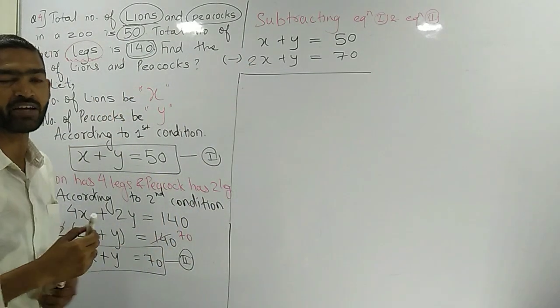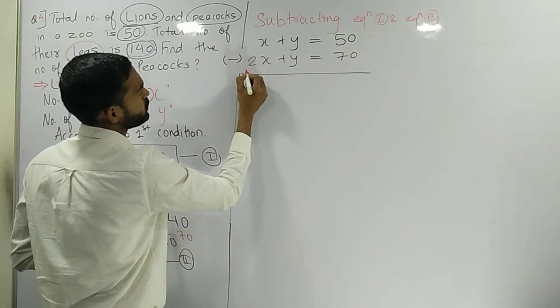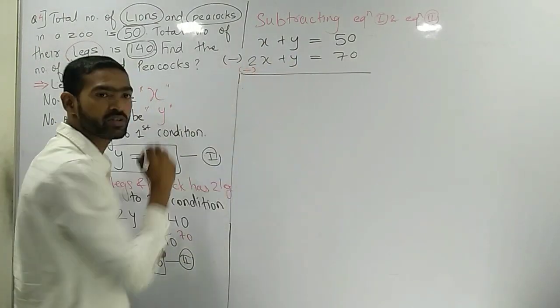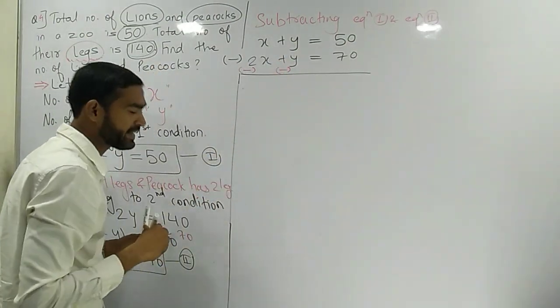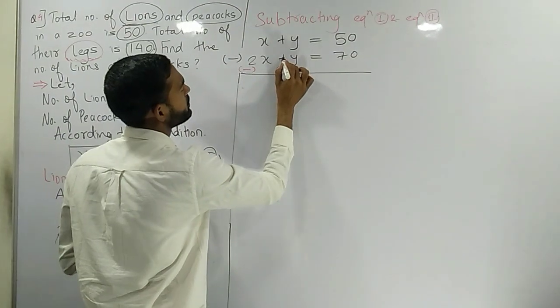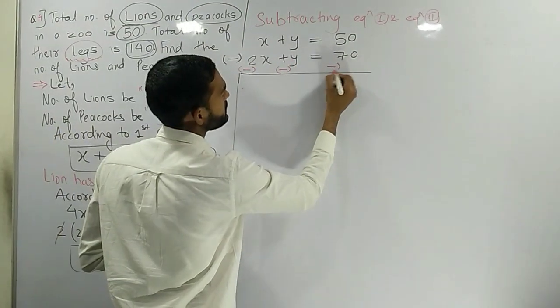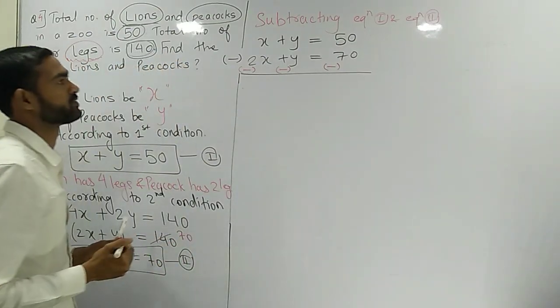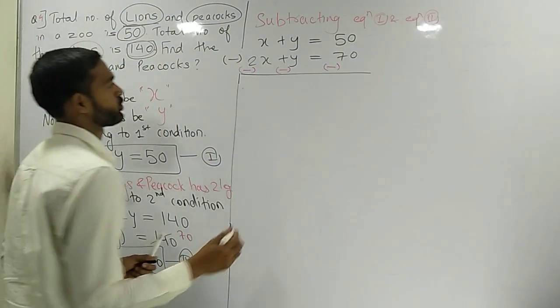Now what will this minus sign do? It will affect all the signs. Now this was positive, now this becomes minus. It was plus y, now it becomes minus y. Look, earlier it was plus y, now it becomes minus y. Similarly, this also minus. Clear everyone?